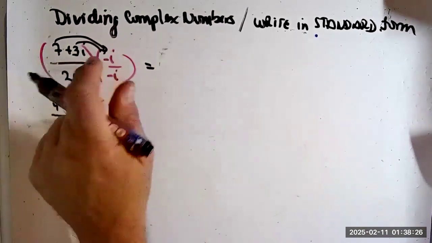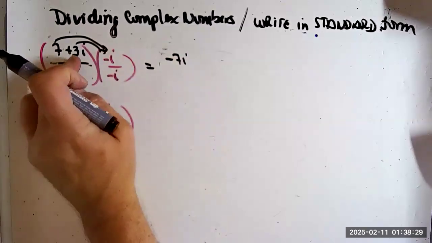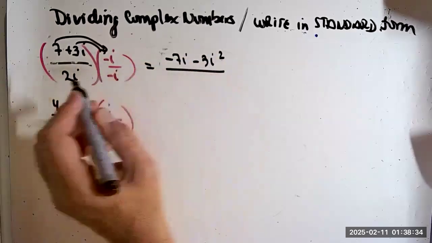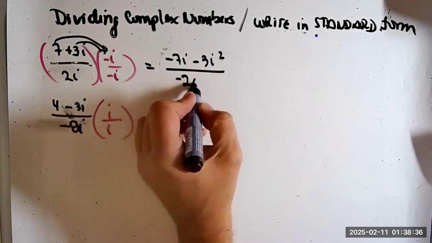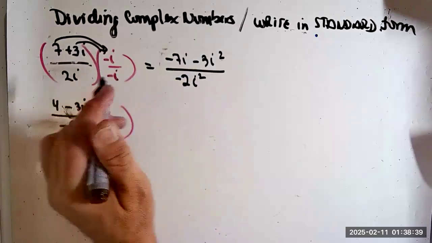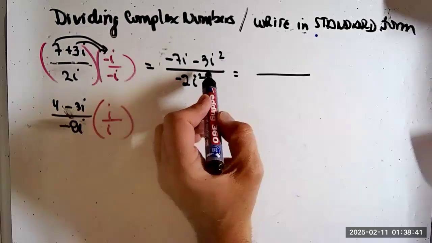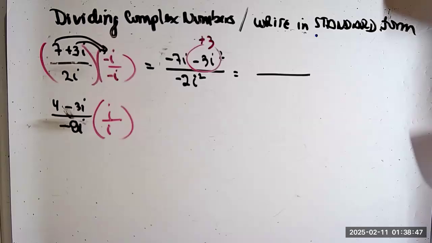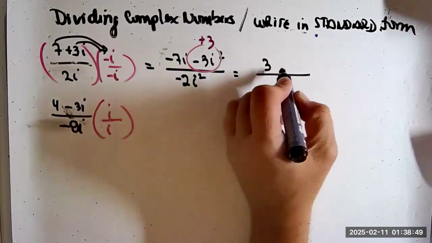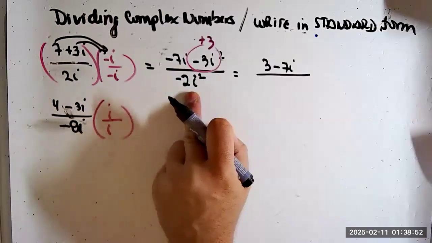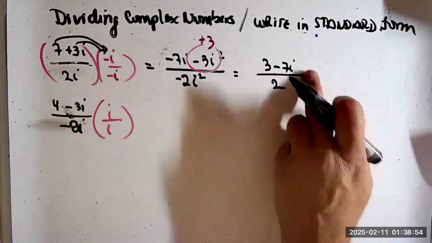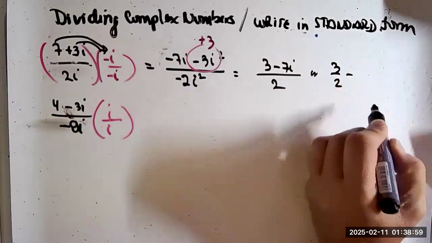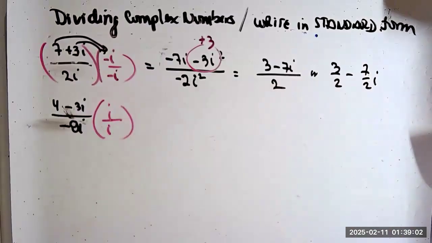So we have 7 times negative i, minus 7i, 3i times minus i, minus 3i squared, over negative 2i squared. Now let's simplify this. Negative 3i squared is plus 3. So we put in the front 3 minus 7i, and this is over 2. Or 3 halves minus 7 over 2i.